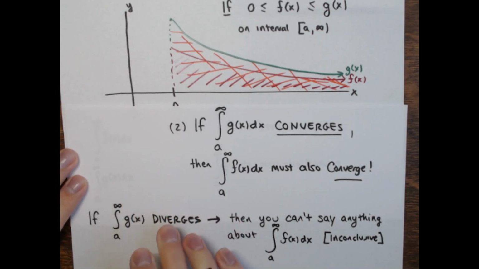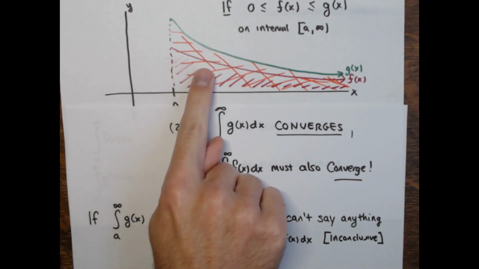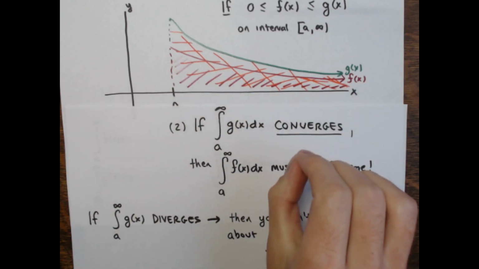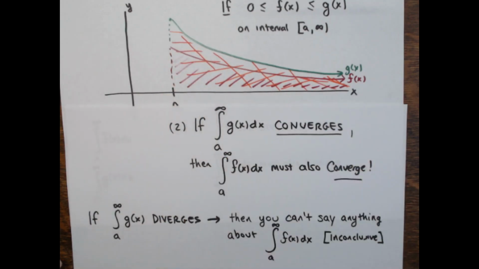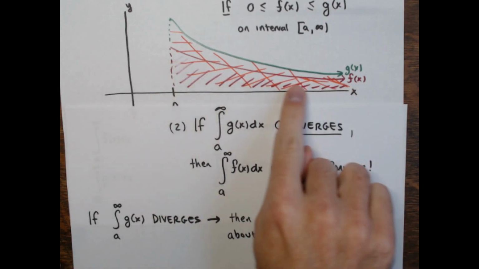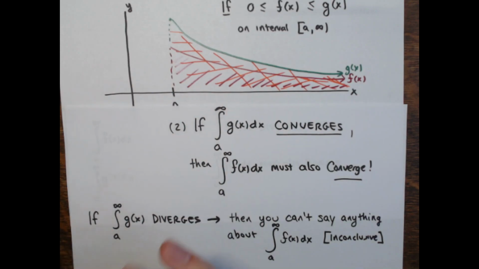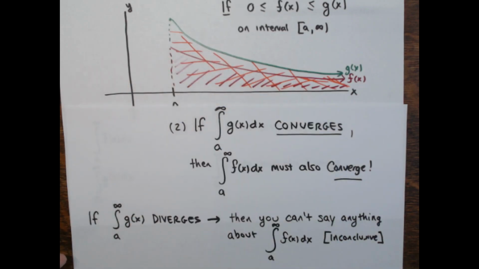And also, if you know the area under the smaller curve converges, that says nothing about the larger one. So if you know the area under f converges, the larger one may be so much larger that it diverges, but it may be just barely larger and it'll still converge. You don't know.